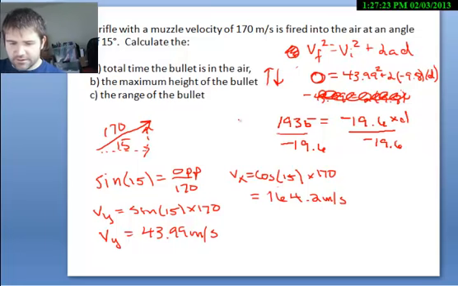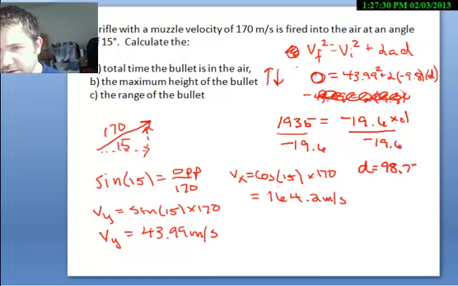And I get 98.73. So distance is equal to 98.73 meters. That's how high this thing goes.